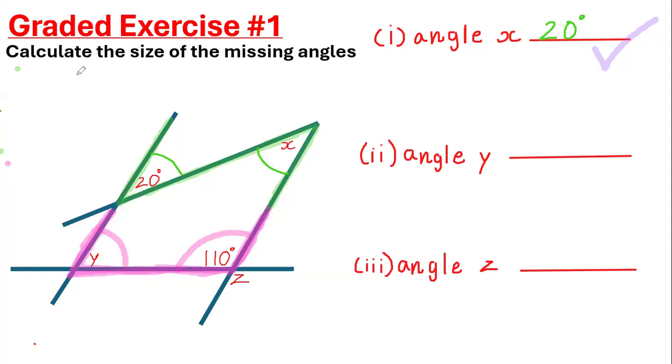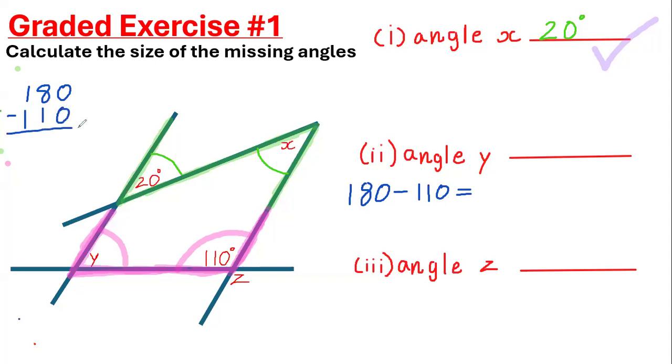And so if we subtract, this is going to be 180 degrees minus 110 degrees. So 180 minus 110.